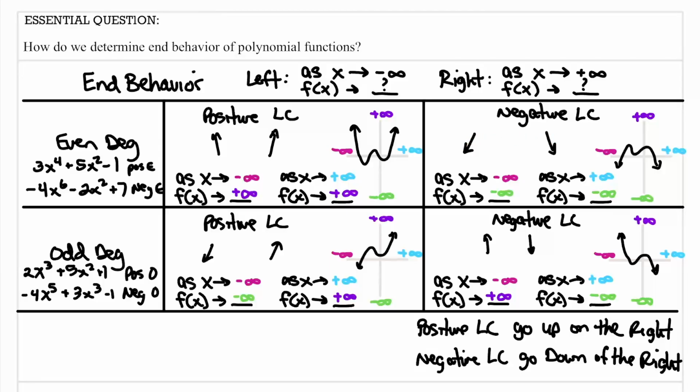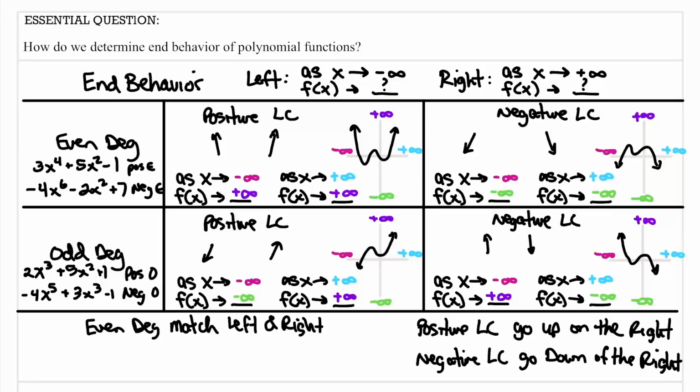So even degrees match left and right. So if our right side's going up and we have an even degree with a positive leading coefficient, we're going to go up on the left. If our right side is going down with a negative leading coefficient and we're an even degree, it's going to match and go down on the left.